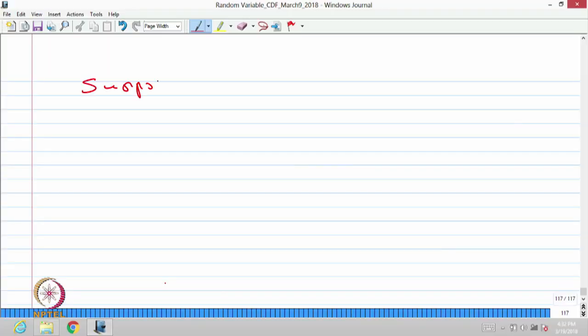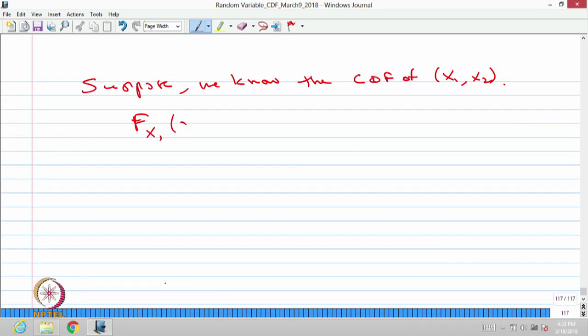Suppose we know the CDF of X1, X2. One can find the CDF of any one random variable. That is, one can find the CDF of random variable X1 as a function of small x1.